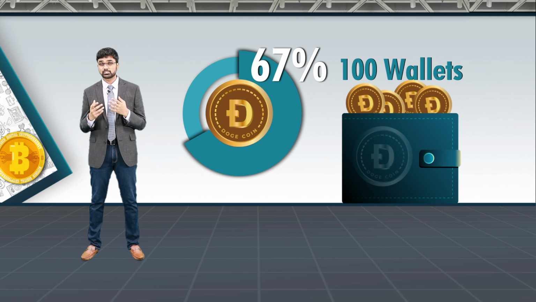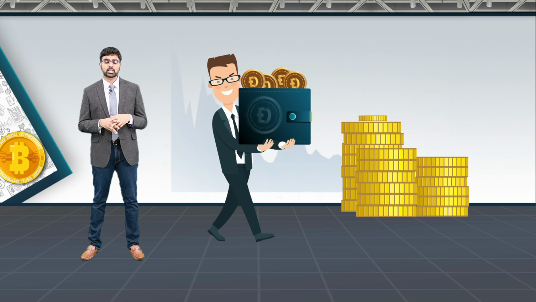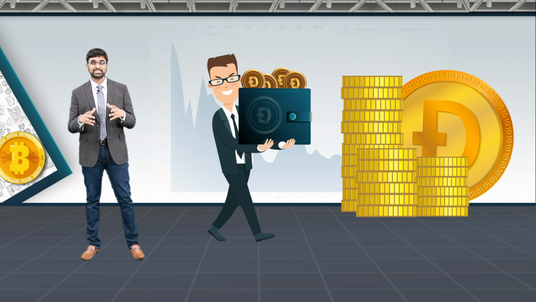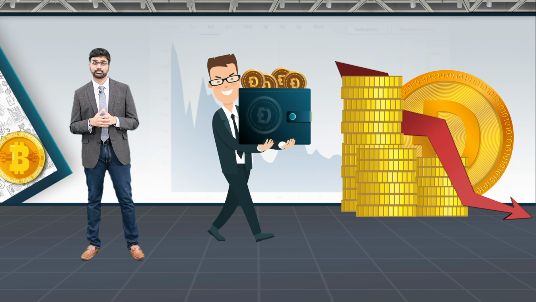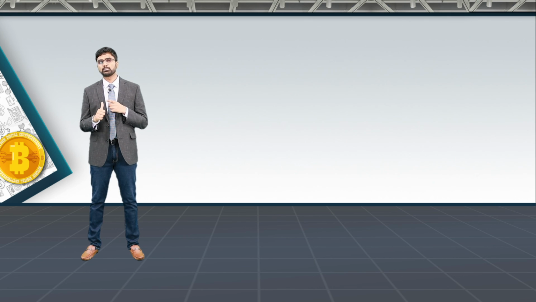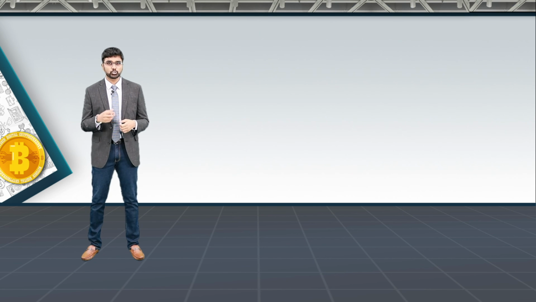So this gives you a distribution angle to it. Even if one or two wallets out of these 100 wallets think of dumping these Dogecoins, the entire valuation of this cryptocurrency will fall rapidly. So you need to look at the distribution of the cryptocurrencies before getting into this particular domain. We've spoken about different kinds of qualitative and quantitative trading strategies from the stock market that you can use.